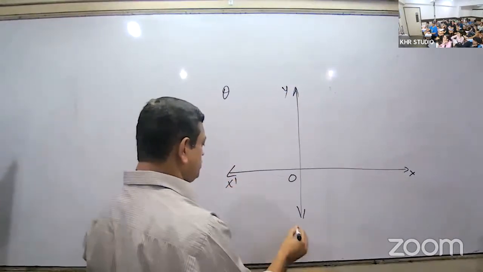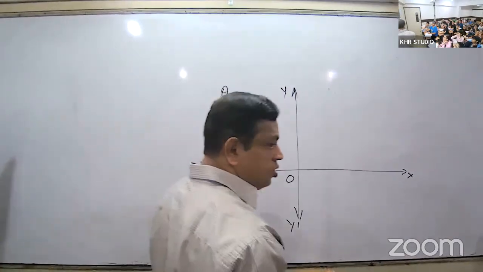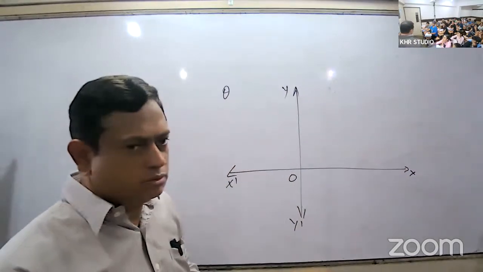What is the positive direction of the x-axis? OX, going to the right side.